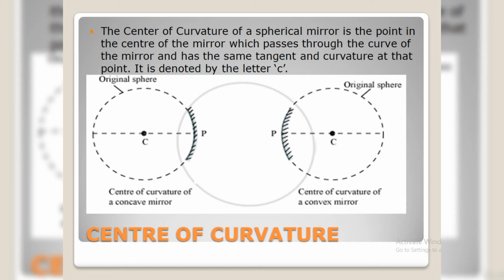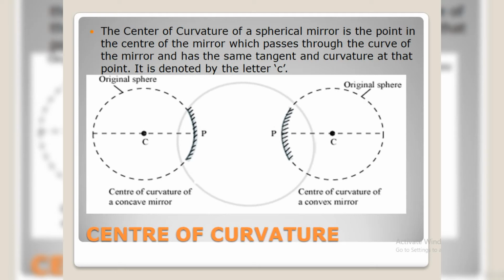Here you see all the normals of the mirror. If you draw all the normals of the mirror, as per mathematics, all the radii will join at the center of curvature. If you draw tangents to this circle, the perpendicular lines to the tangents are nothing but radii.